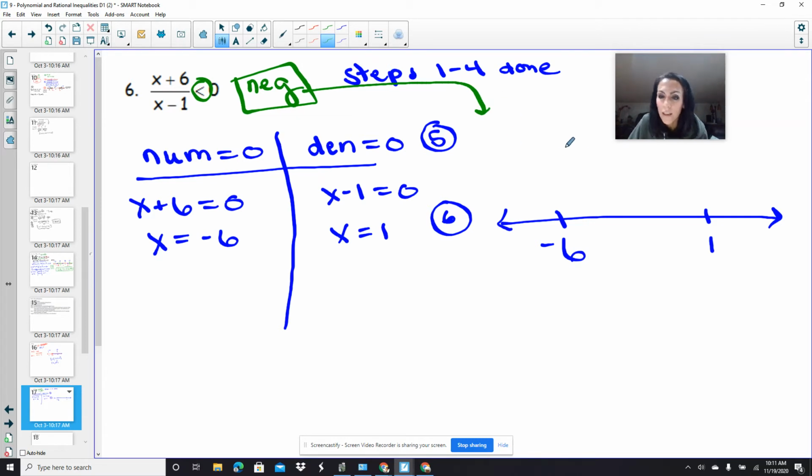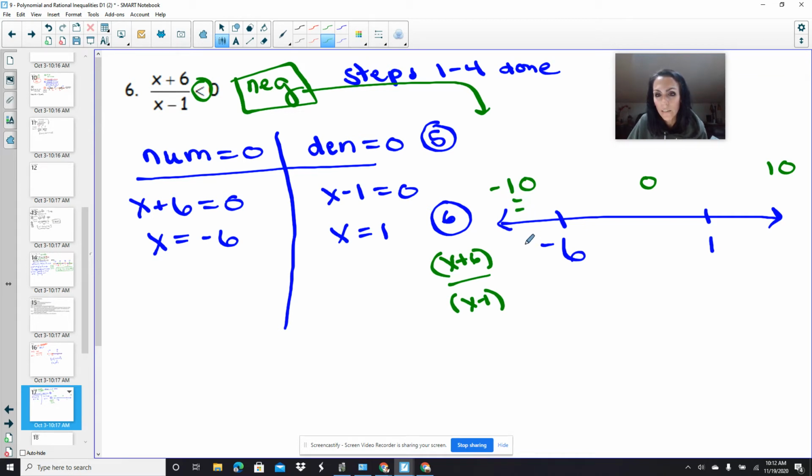All right, so let's pick some points in our regions. We have -10 here, we have 0 here, and a +10 here. We have our x plus 6 over x minus 1. When we replace that with a -10, we get a negative on top and a negative on the bottom.